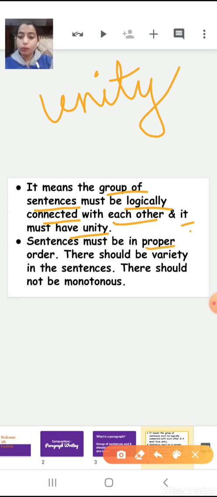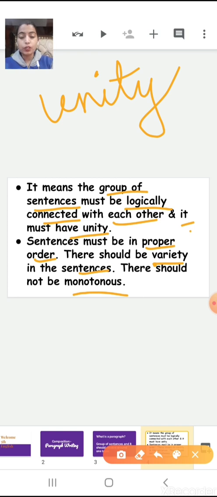Sentences must be in proper order, right? There should be a variety in the sentences, meaning different types of sentences. We should not write the same sentences again and again, otherwise the paragraph will look boring and monotonous.